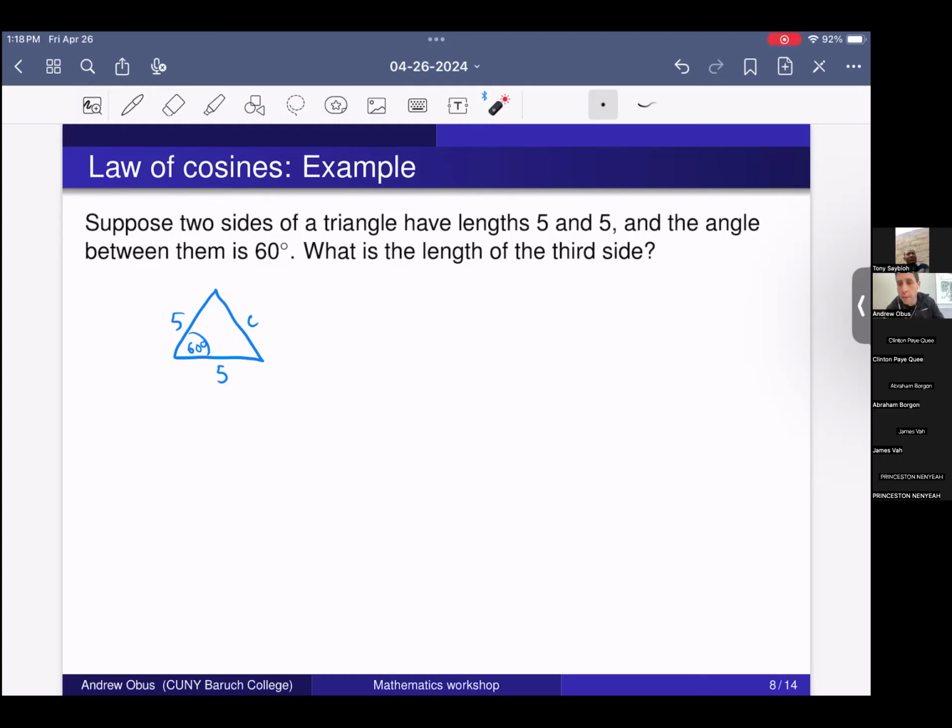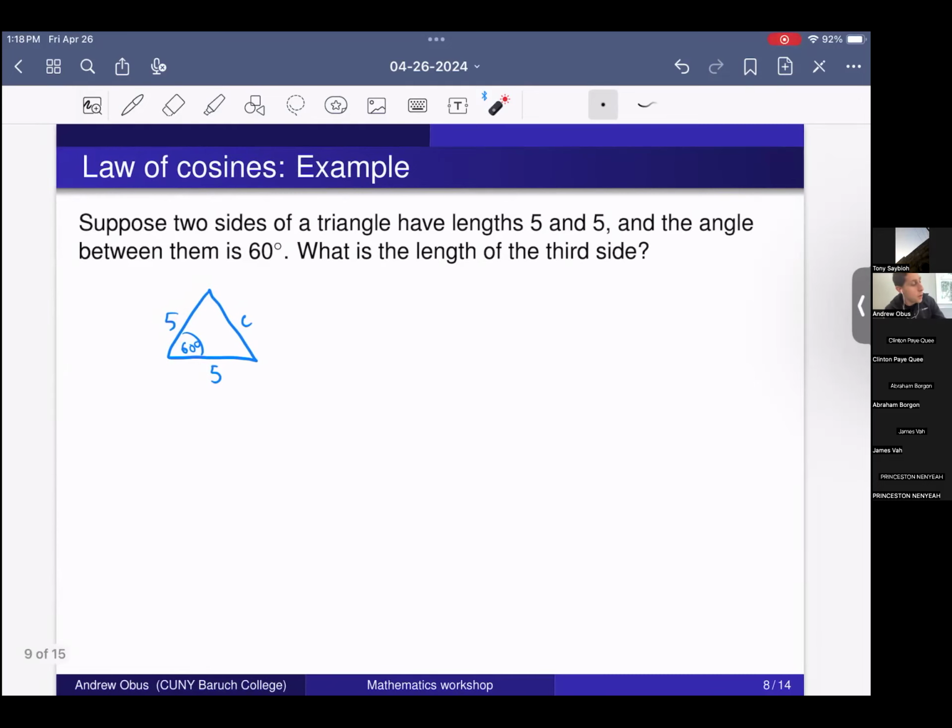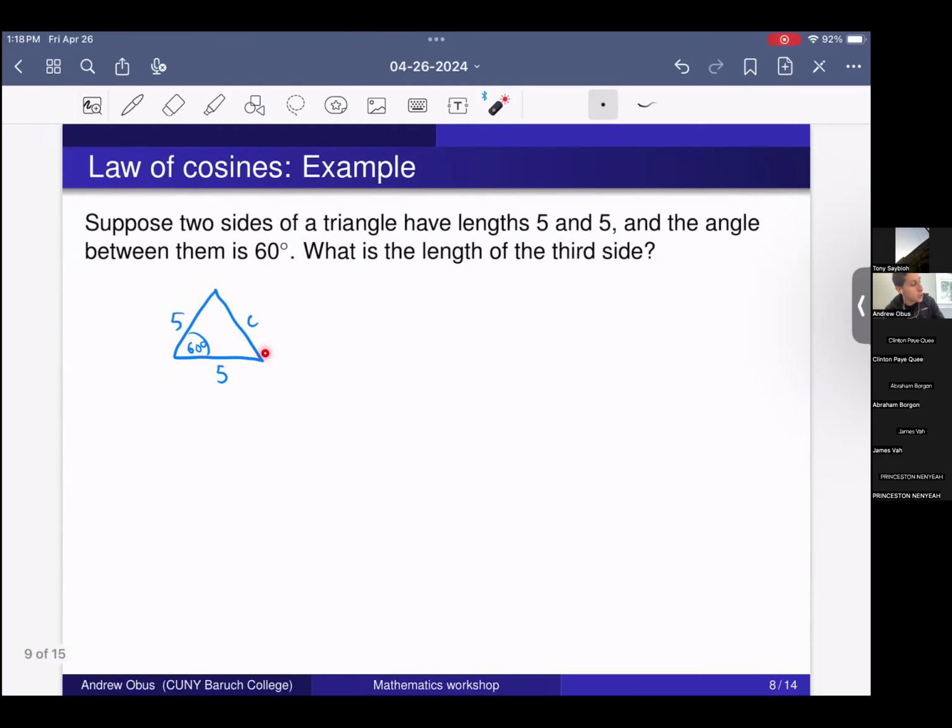I think the reason why that triangle is an equilateral triangle is because the angle between the two legs, 5 and 5, is 60 degrees, so the two base angles will be equal. The point is we know it's isosceles because it has two equal sides, and in an isosceles triangle, the angles opposite the equal sides have to be equal.